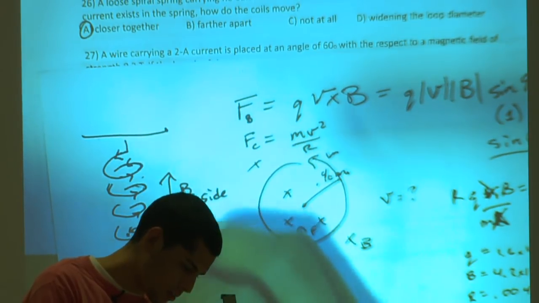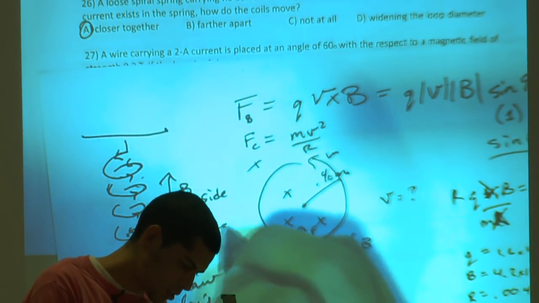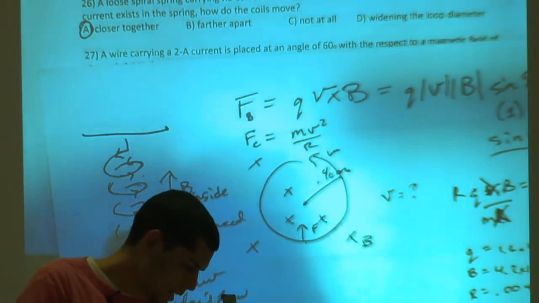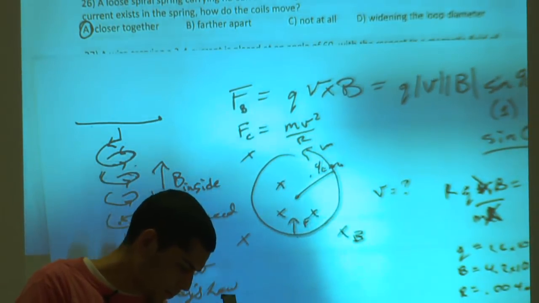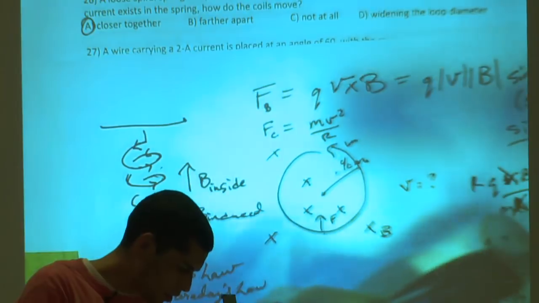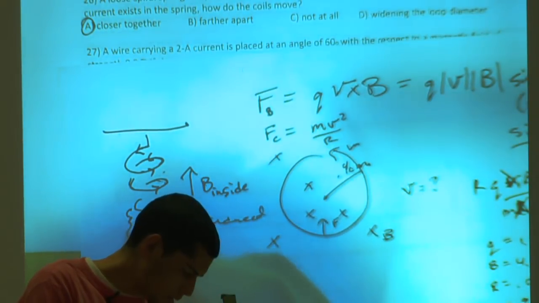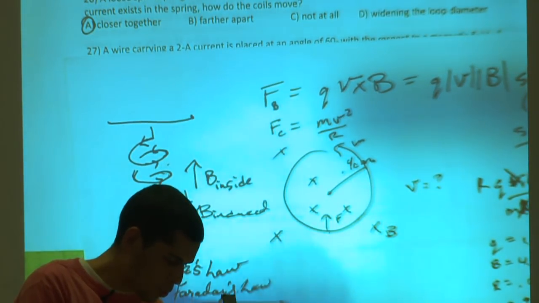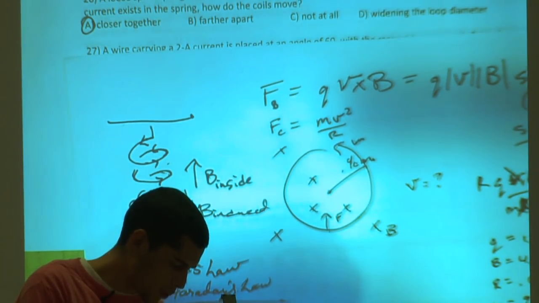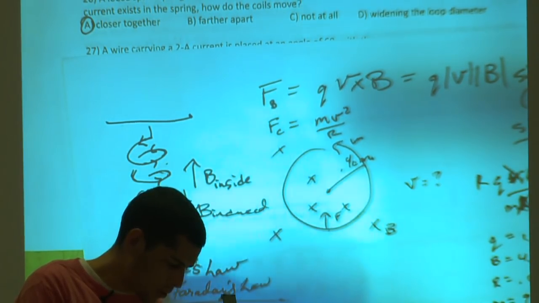So here's our B induced. Essentially, all you really have to look at is in between two of them. We have one magnetic field going down, but then it induces a magnetic field going up and then down.